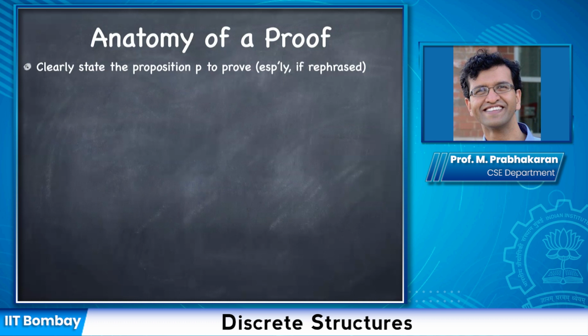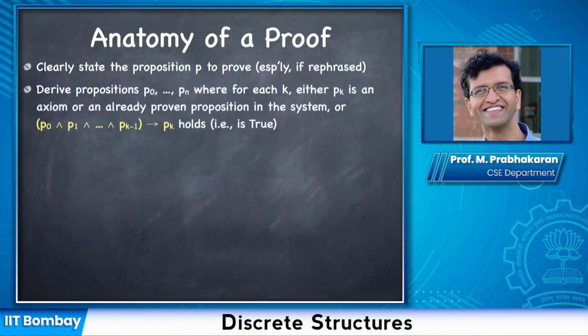That's just to help the human reader understand what you're going to do. And those are especially important if you're going to prove not the proposition that you are expected to prove, but some other proposition which you have shown to be equivalent to the original proposition. So if you rephrase the original proposition, you should clearly state that.